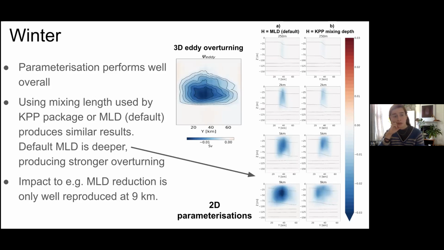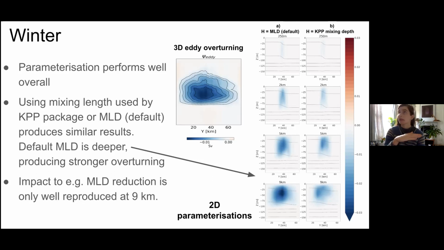So yeah, the parameterization performed reasonably well in winter, but again, the impacts are really only well reproduced at the 9 kilometers. And then there's a difference between these two columns here on the right, which is using mixed layer depth or KPP mixing length.